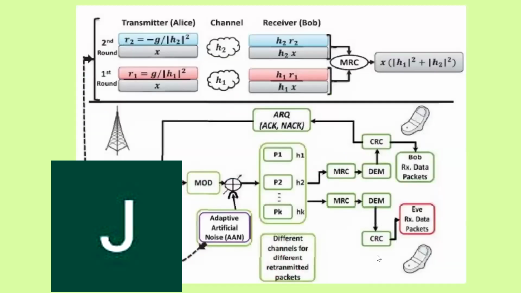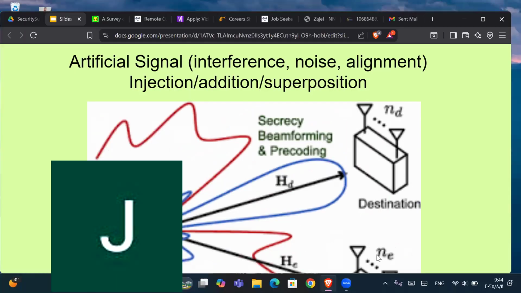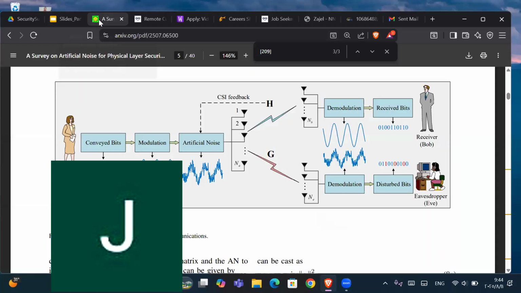Now we will go to a research paper and explain how this happens mathematically. As you can see here, the transmitter Alice has a sequence of bits. At the end of the day, the bits are coming from the application you are using. If you are using WhatsApp, Facebook, Messenger, Telegram, whatever, your messages, which are in the form of text or video or picture or audio, are converted into a sequence of bits.